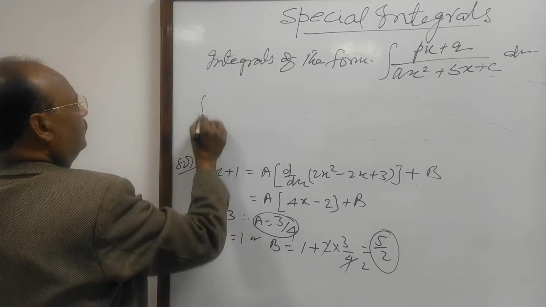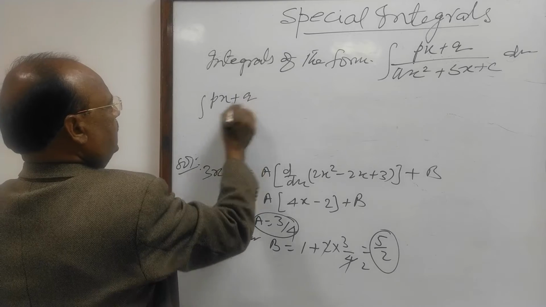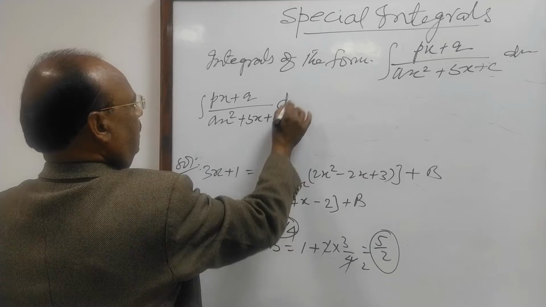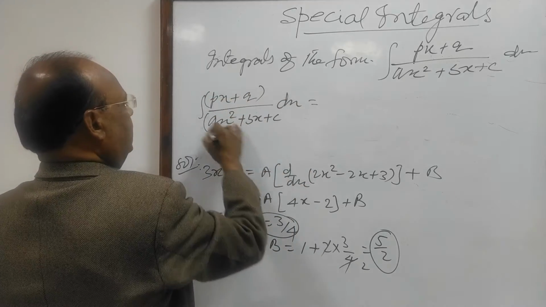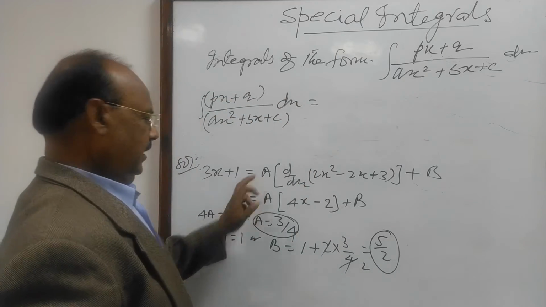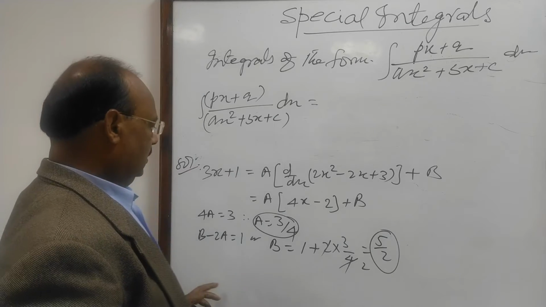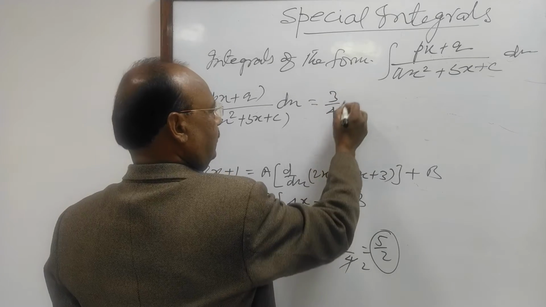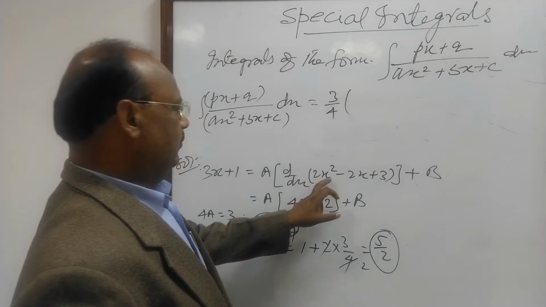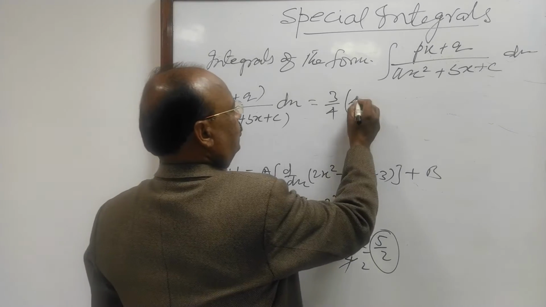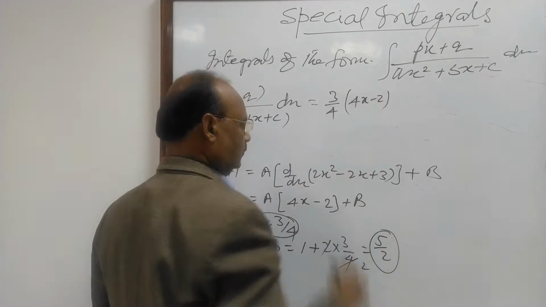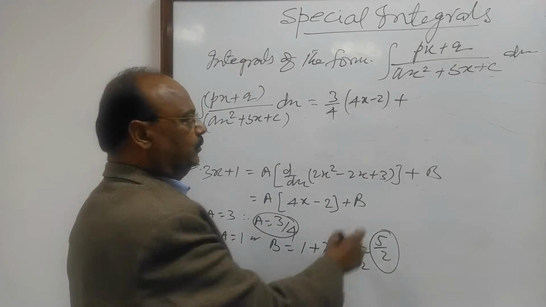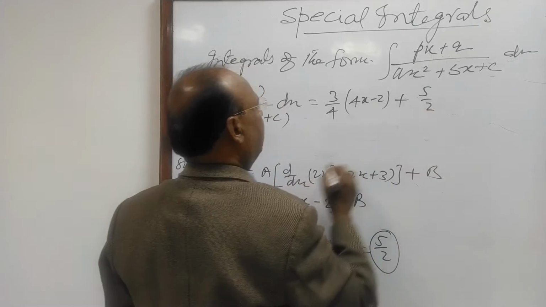So this integral, px plus q upon ax square plus bx plus c dx, can be written as: a is how much? A is 3 by 4. So this is 3 by 4 into the derivative of the denominator, which means 4x minus 2, plus b. B is 5 by 2.